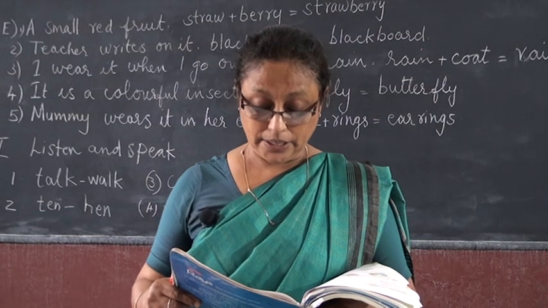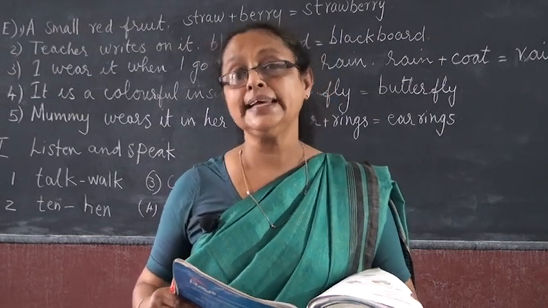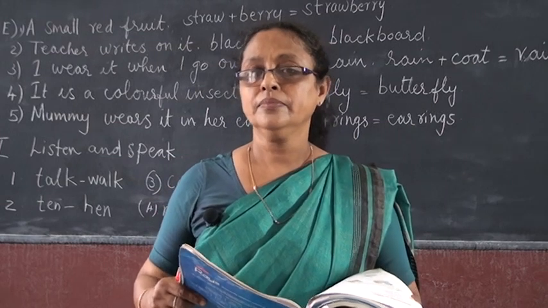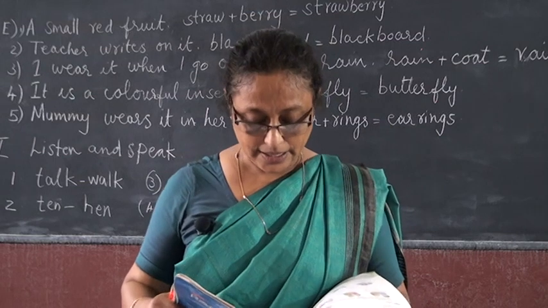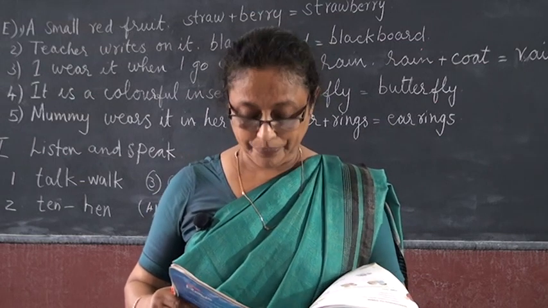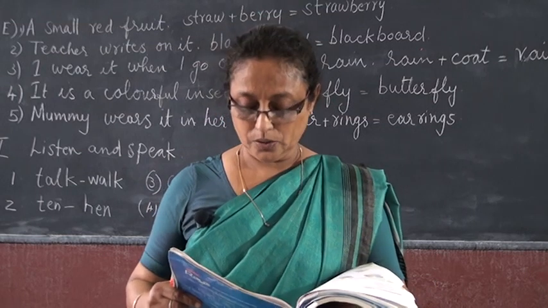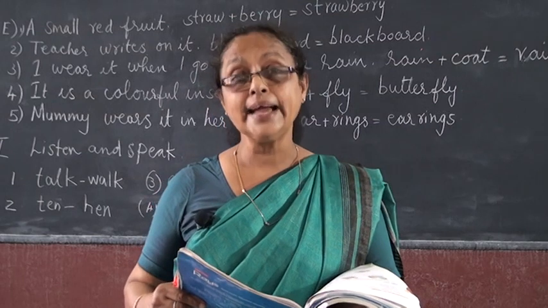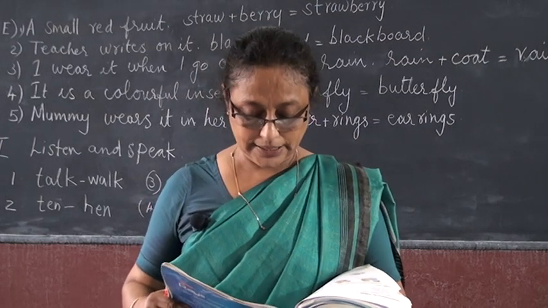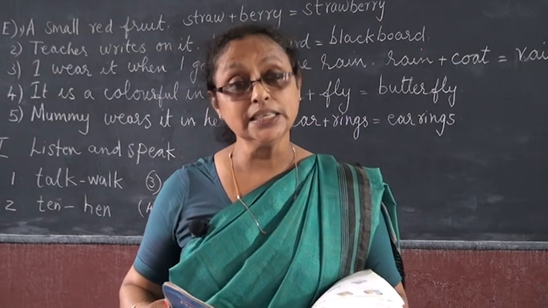Fourth one: the hungry boy ate greedily. Greedily is the word you should underline. Fifth one: Mummy asked Papa to drive the car carefully. What is the ly form of the word? Carefully. Underline carefully. Next, sixth one: Anna loves her granny dearly.